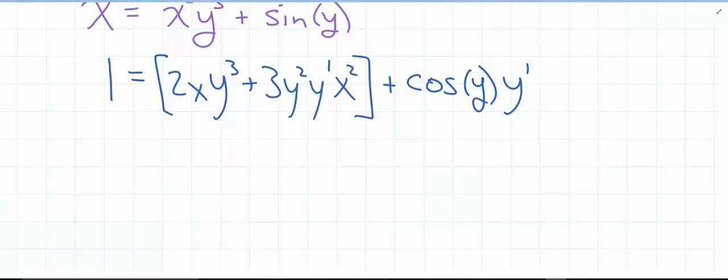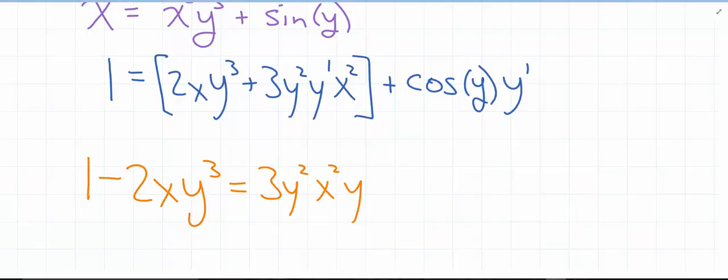If it's not got a y prime in it, I move it over. So I've got 1 minus 2xy cubed. Everything that's got the y prime in it, I have together with the other y primes. So here we go. We've got 3y squared x squared y prime plus cosine y prime. Now the good thing is I can factor out the y prime.